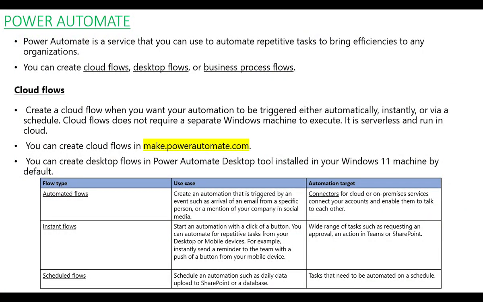That acts as a trigger for the cloud flow, and you can add an action, like downloading the attachments from an email with a particular subject line to a folder. To create cloud flows, you go to make.powerautomate.com, and in the portal you can create cloud flows and desktop flows as well.